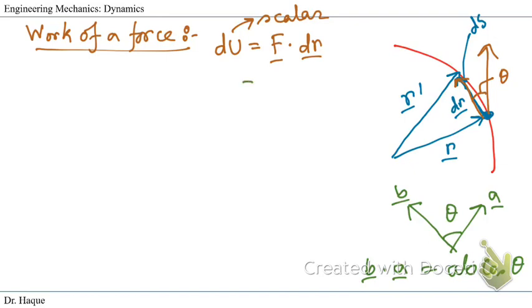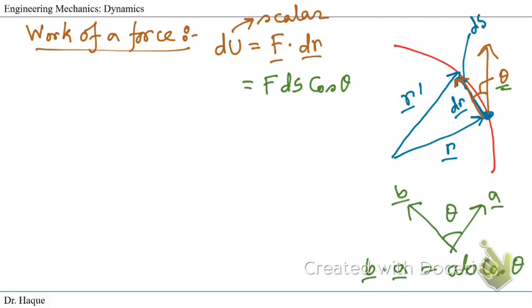So here we will have F magnitude, these are not vectors, times the magnitude of dr, which is ds, and cos theta. The angle between them is theta. So F ds cos theta.